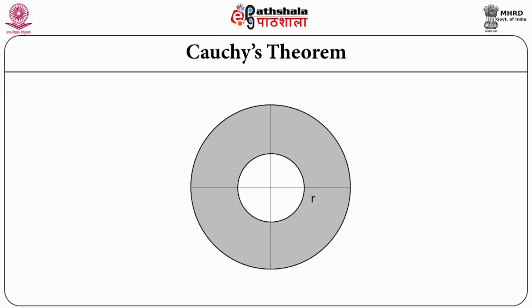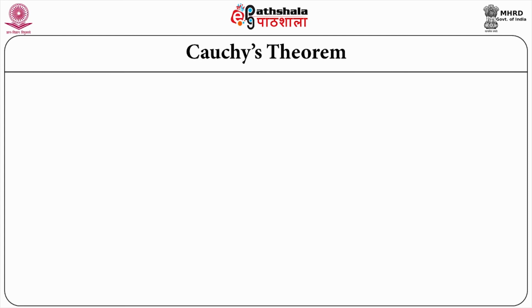The inner circle z equal to small r, outer circle z equal to capital R, and the annular region is given by absolute value of z greater than or equal to r and less than or equal to capital R. So, it says that all the roots will lie in this annular region.